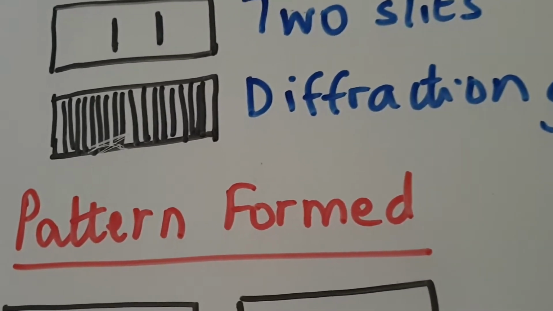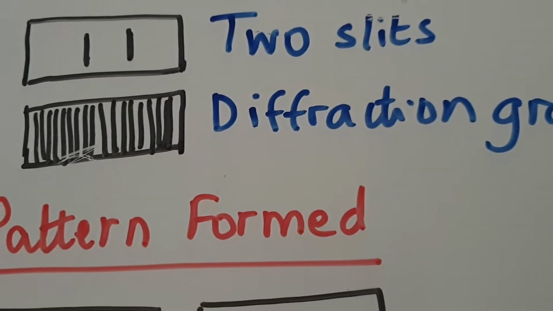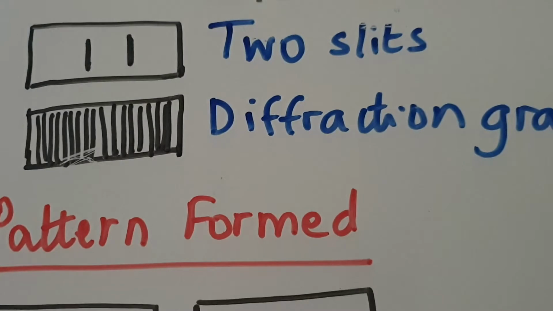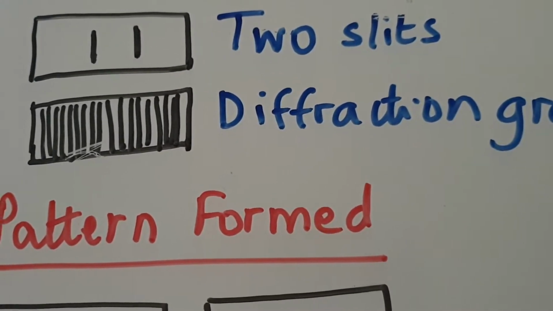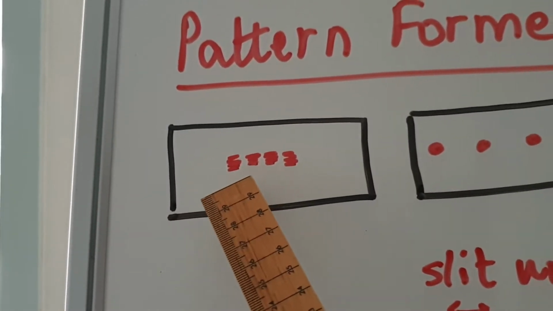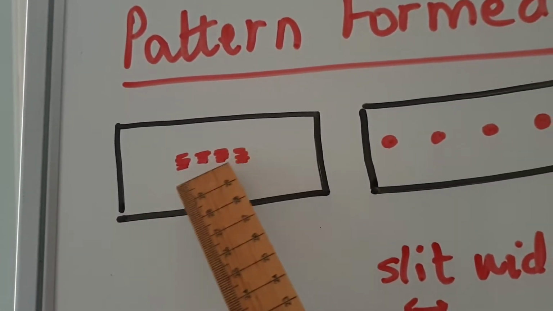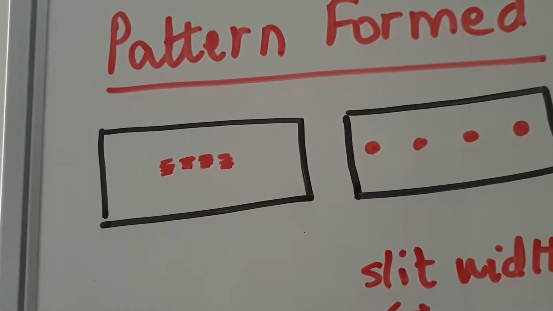As a result, the pattern formed with a diffraction grating is quite different to the pattern formed with two slits. With two slits, the pattern we get is quite fuzzy, and the fringes are quite close together.